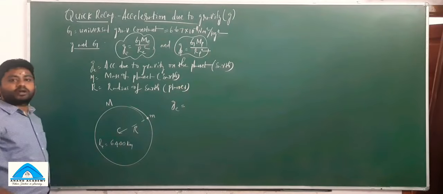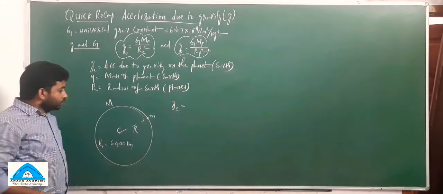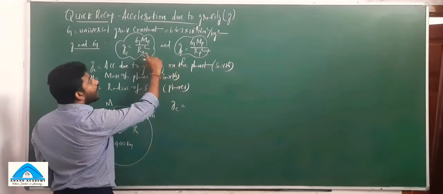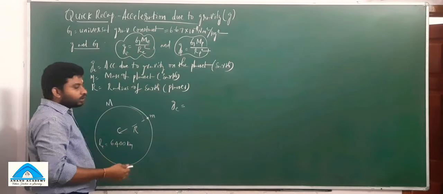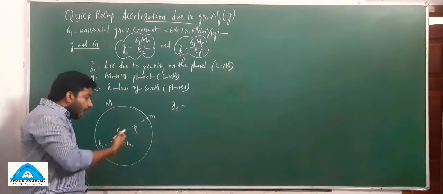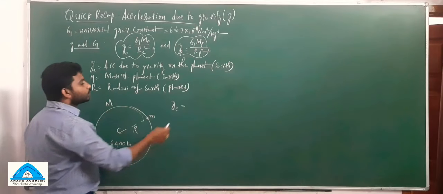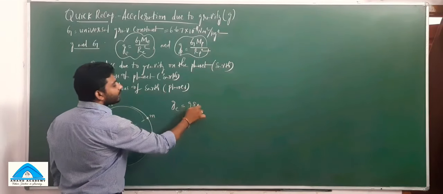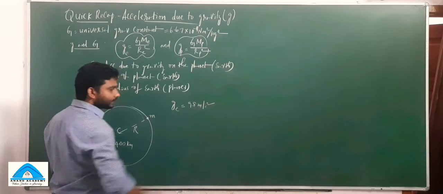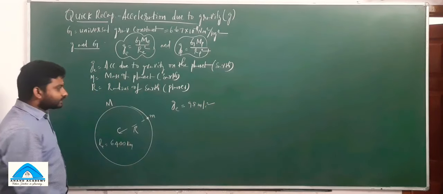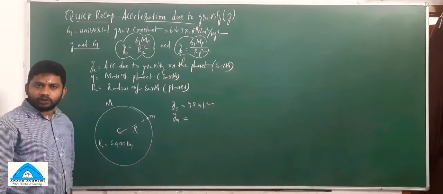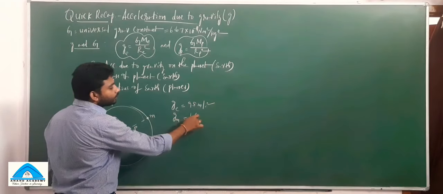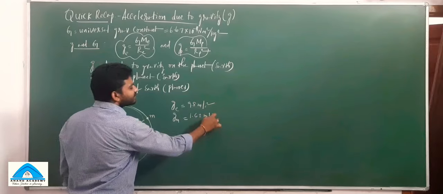No need to remember, I am just giving you the value. If you substitute the radius of the Earth, mass of the Earth and G value, you get acceleration due to gravity on the surface of the Earth as 9.8 meter per second square. Whereas acceleration due to gravity on the moon surface, if you find out, you get 1.63 meter per second square.